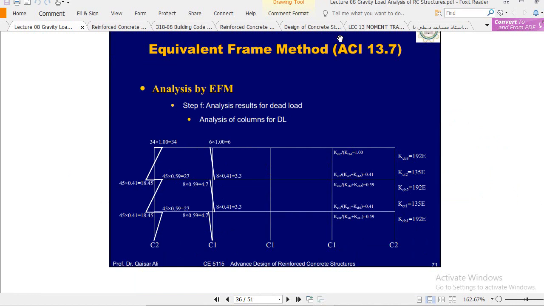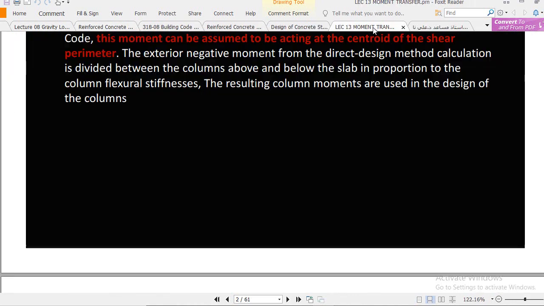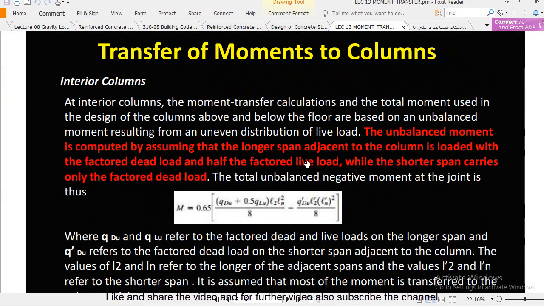Once you get the unbalanced moment in the direct design method, remember this when you have a flat slab system. Now in the case of the interior column, it is also important that the ACI code explains what amount of moment should be transferred to the joint from the slab to the column. At the interior column, the moment transfer calculation and the total moment used in the design of the column above and below the floor are also the unbalanced moment resulting from an uneven distribution of live load.